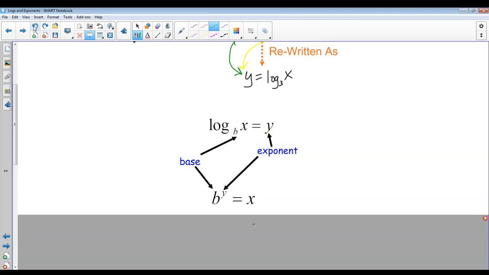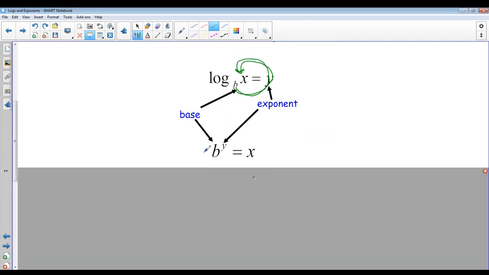So if you are in log form and you want to write it in exponential form, we start here with the low part, a b to the y power equals x, so kind of going around in a circle. That's how my teacher helped me remember it back when I was in your shoes. So b to the y equals x, and that's how I arrived at the next function down below there.